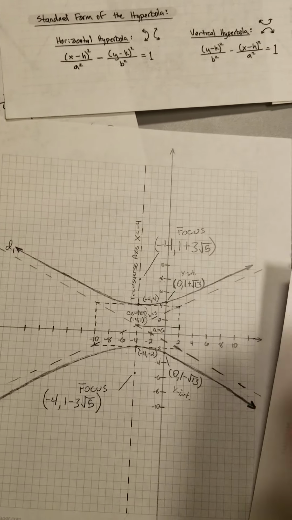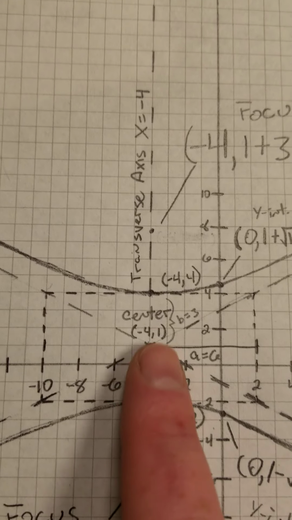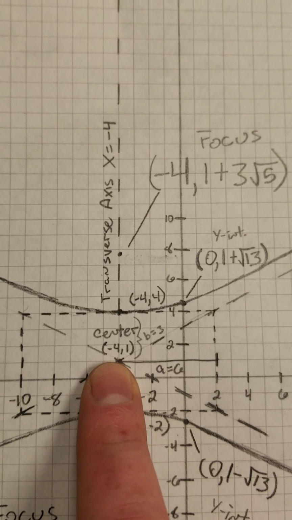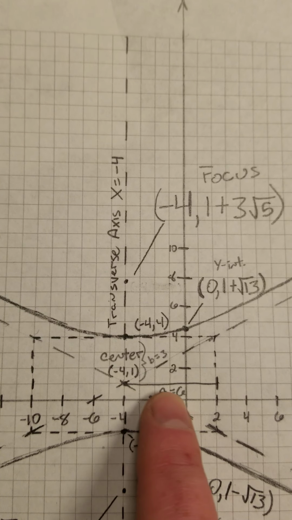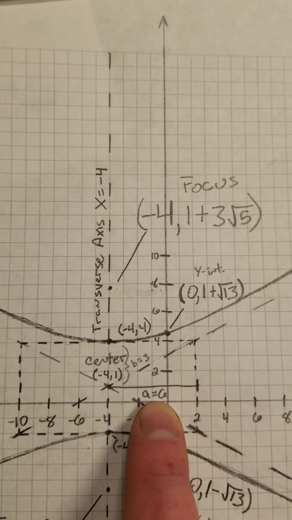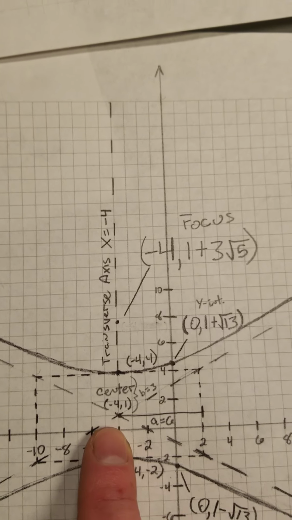Now, I've already got this one drawn out, but we can just see already the center right here, negative 4, 1. And then we have an a, which is our run of 3, and a b, which is our rise of 6.